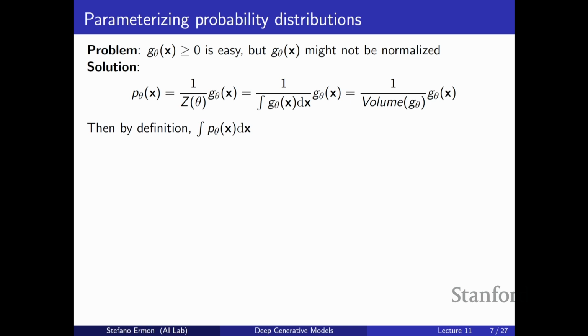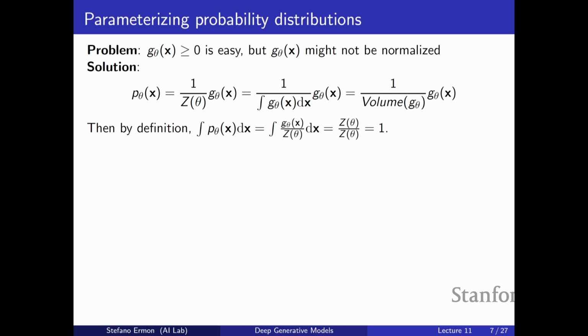And you can see that if you are willing to divide by this Z theta, you get an object that is normalized, because if you integrate the left-hand side here and swap in the definition, which is g theta over the normalization constant, you get the integral of all the possible things that can happen in the numerator over the integral of all the possible things that can happen in the denominator, and when you divide them, you get 1 by definition.